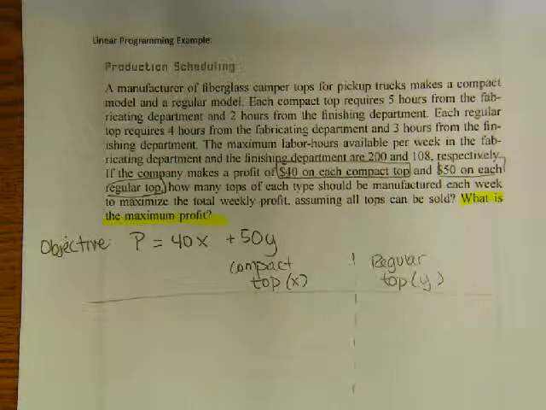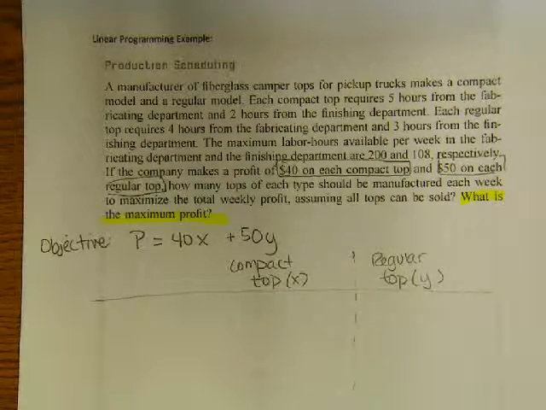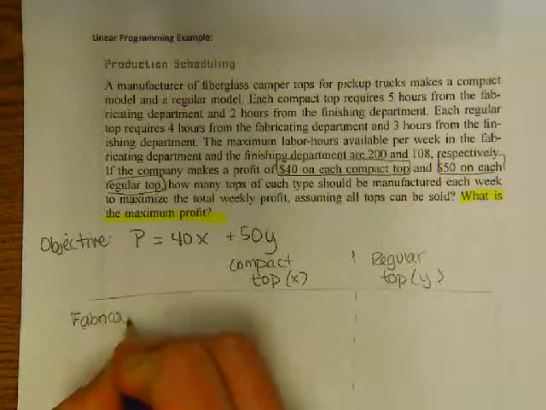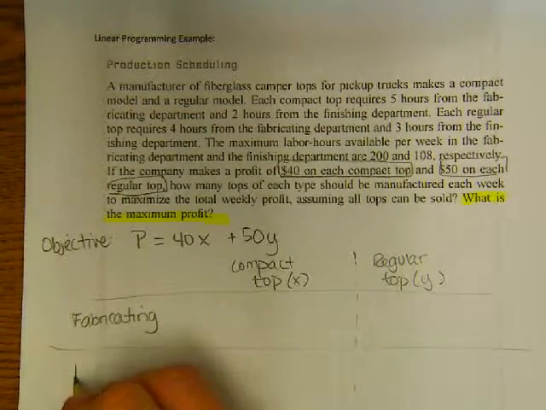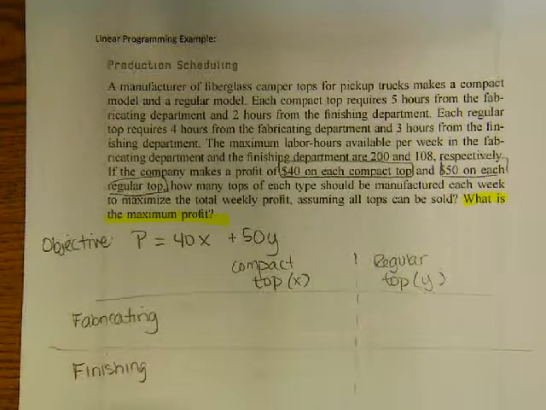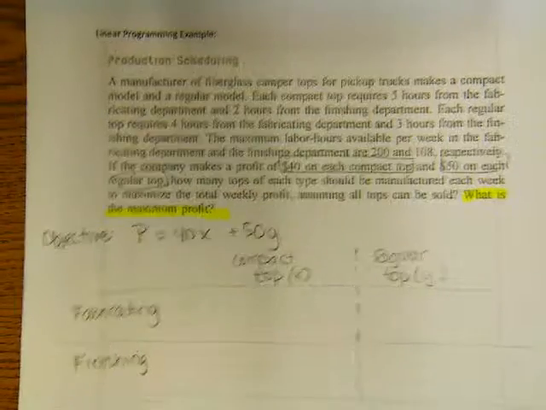What are those two processes called? Did anybody find that? There's fabricating and finishing. And so I'm going to make a row for fabricating. And a row for finishing. And then that's going to help me kind of organize what I have there.